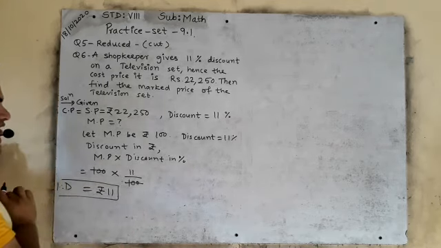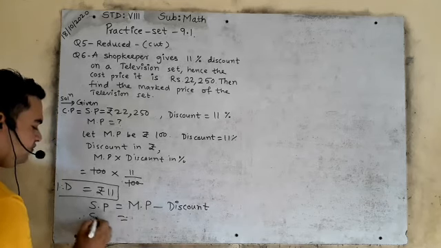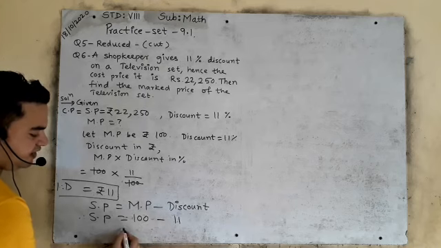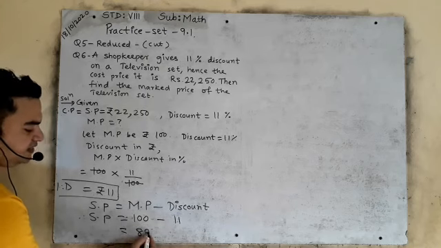So now you have to find out the selling price. Okay, that is the imaginary selling price. Selling price is equal to mark price minus discount in rupees, right? So therefore selling price is equal to mark price was 100 rupees and discount is 11. So total how much? 89. Is it clear?